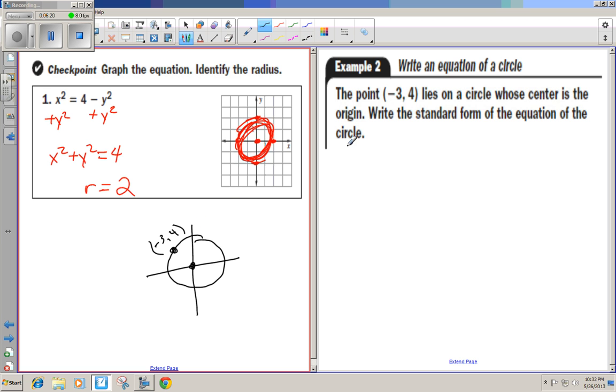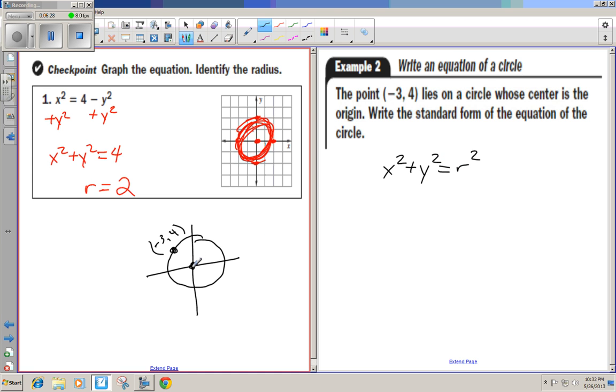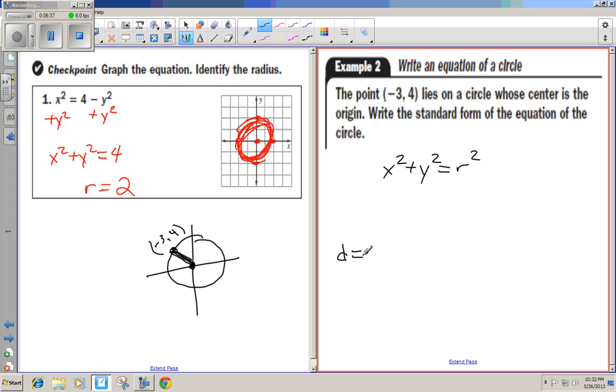So right away you know part of the equation is x squared plus y squared. We just now have to find what the radius is. What is the distance from here to there? What is that distance? And I'm saying distance a lot because we have a distance formula from a previous section.